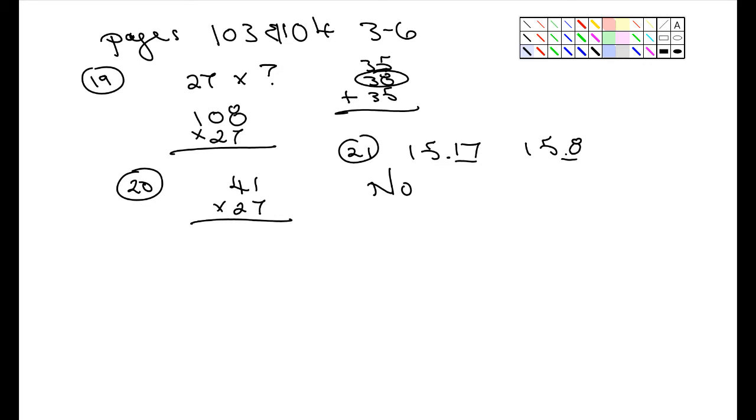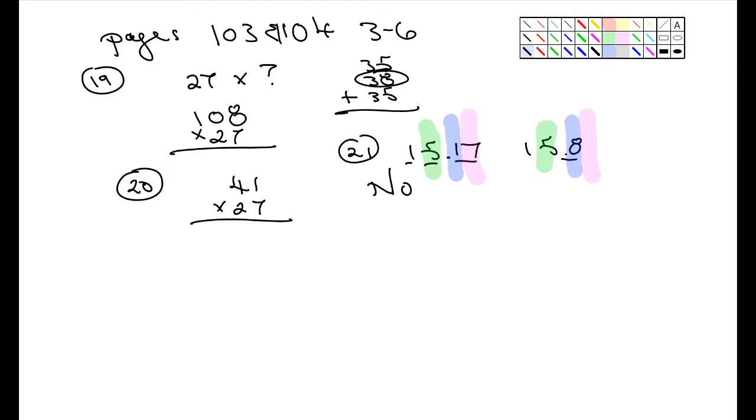Well, it all has to do with place value. If we look at the place value here and here, and the place value right here and right here, and then the place value right here, where there's no number. That should tell you something. Here's the ones, and here's the tens.